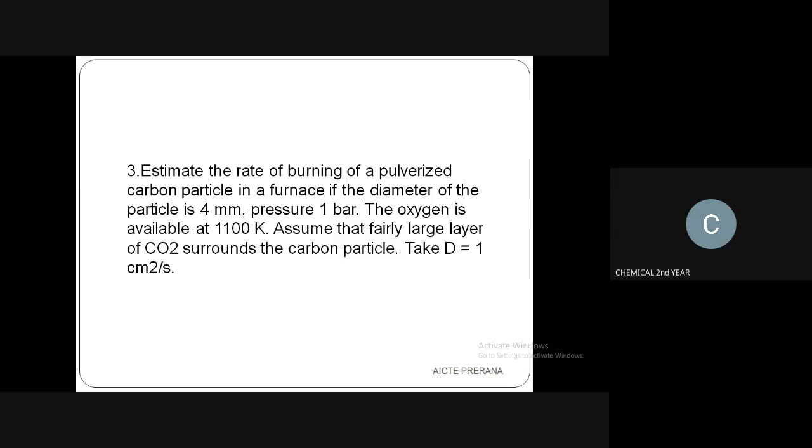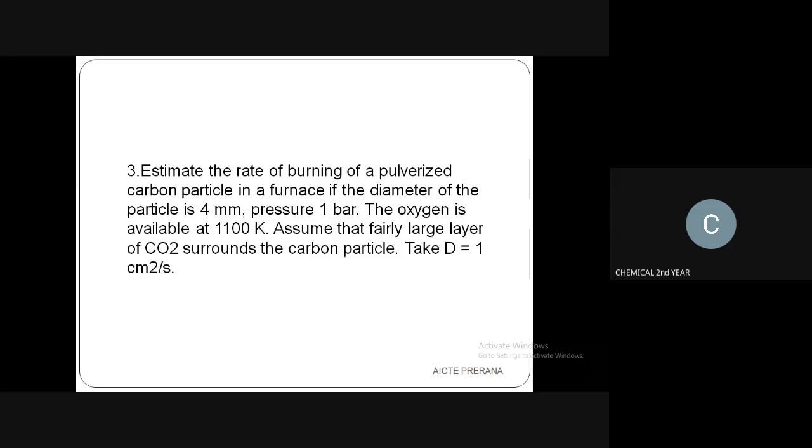We have to find out for a minute particle, where the diameter of each particle is 4 mm, at a pressure of 1 bar, with oxygen available at 1100 Kelvin, and assume that a large layer of carbon dioxide surrounds the carbon particle.